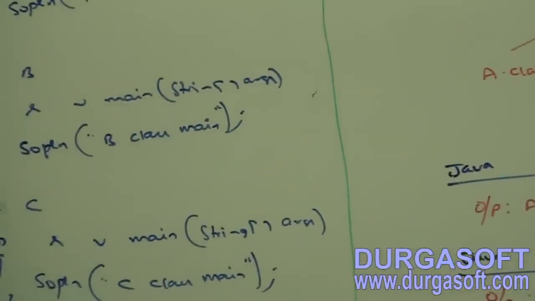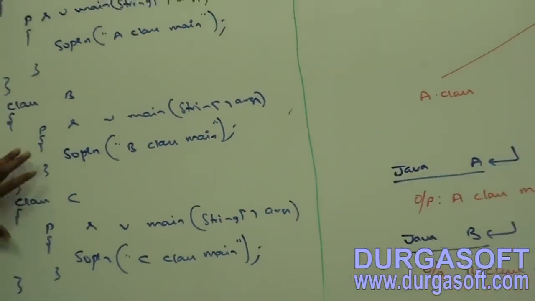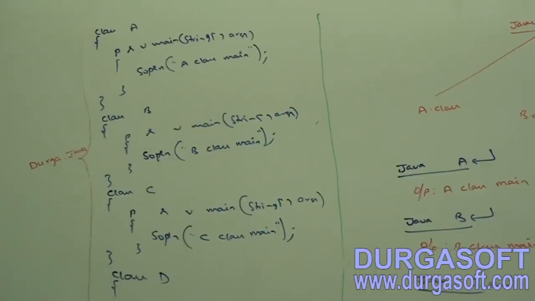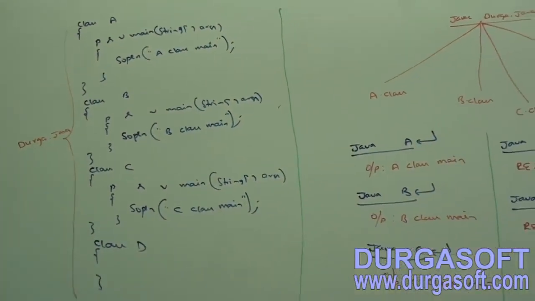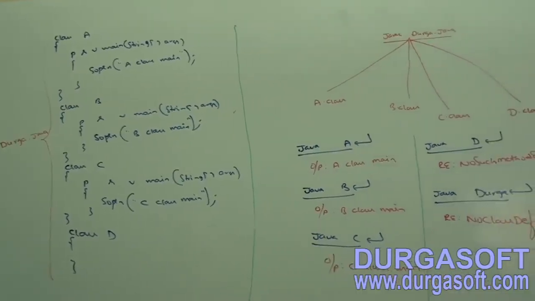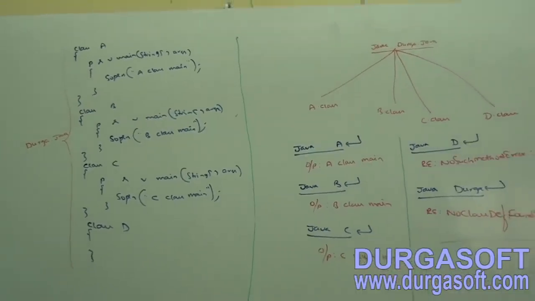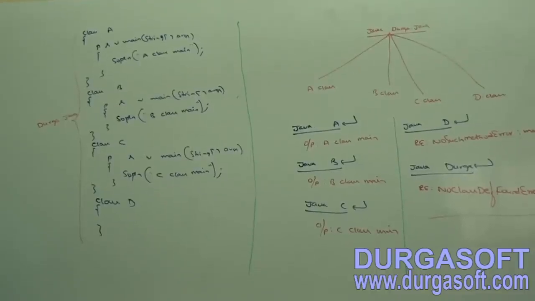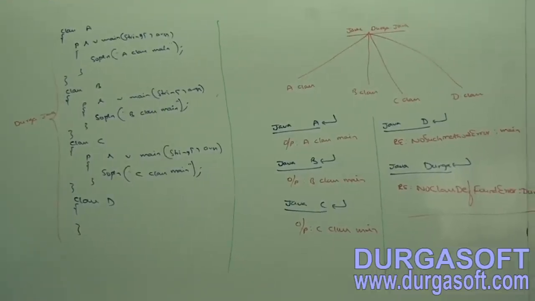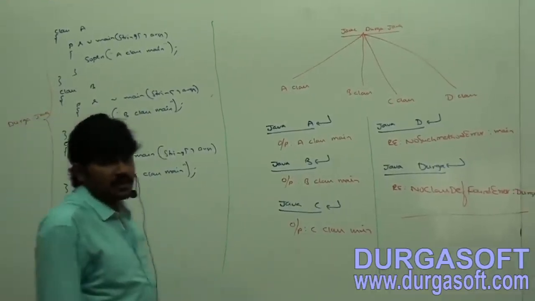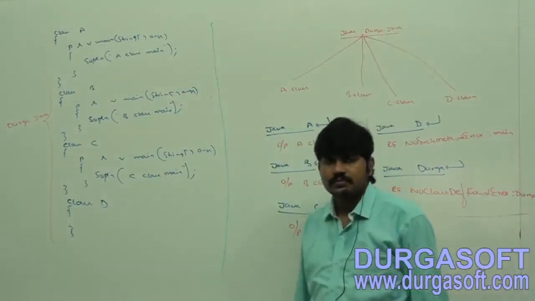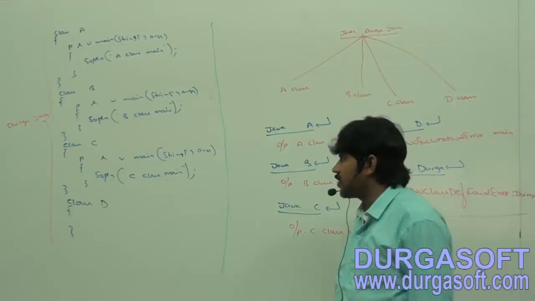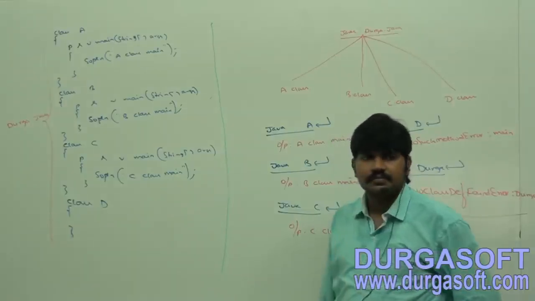Take this example 2. Class A, public static void main, String array args, A class main. Next, class B, public static void main, B class main. Class C, public static void main, C class main.